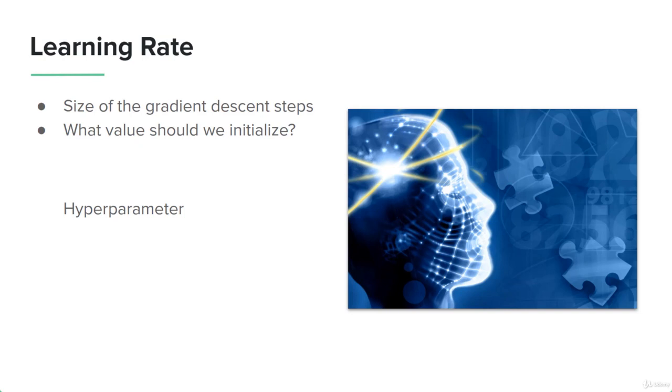Whenever we have a hyperparameter in a machine learning problem, we need to decide by following conventions, by the hit and trial method, or by using a grid search, trying different values and seeing which works best for your particular problem. Commonly we have a learning rate between 0.1 and 0.01. That is by convention and it has worked many times.